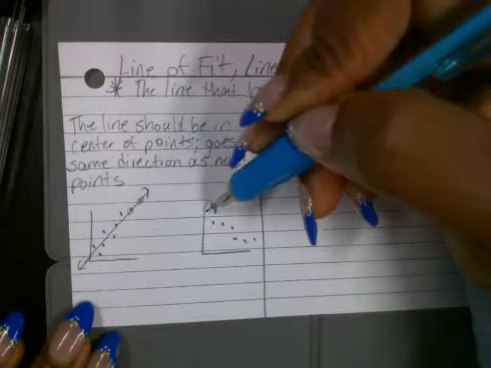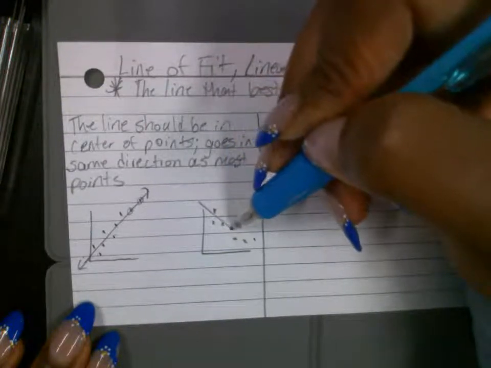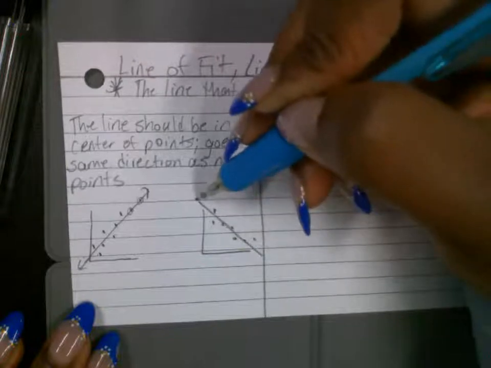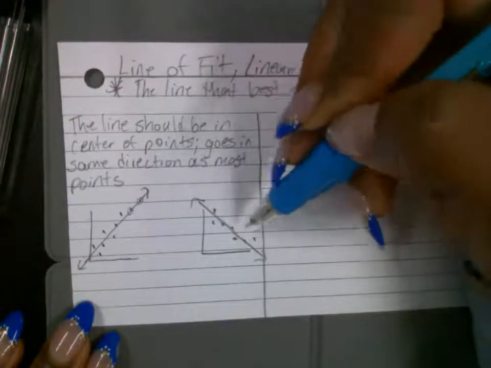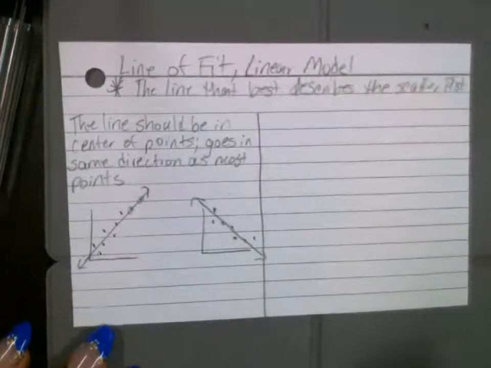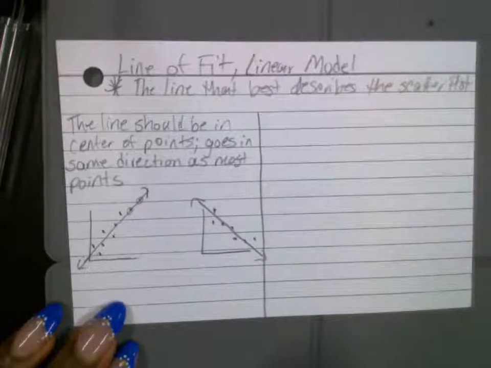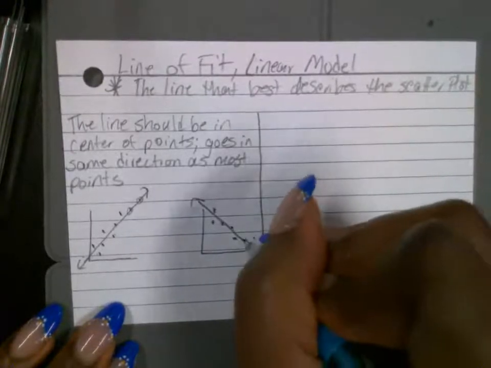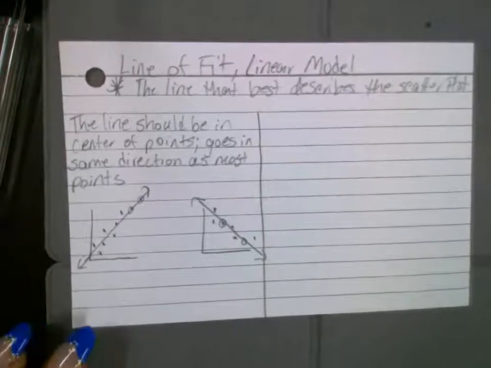So we want it to kind of be in the middle here. Maybe somewhere in here. 1, 2, 3, 1, 2, 3. Maybe I chose this point here and this point here.